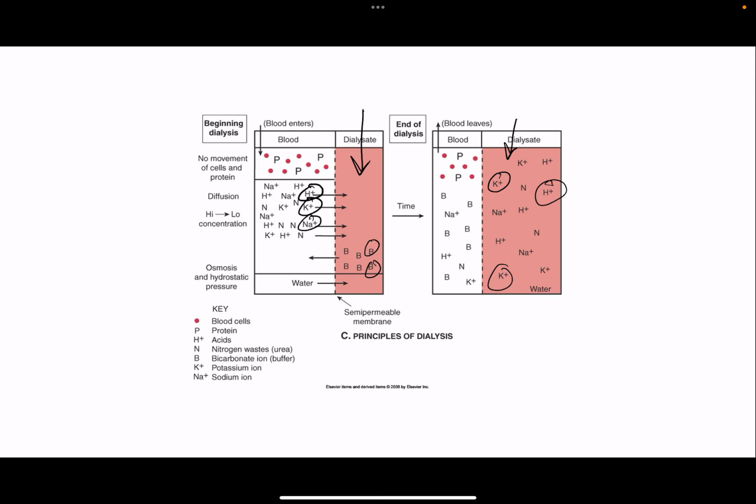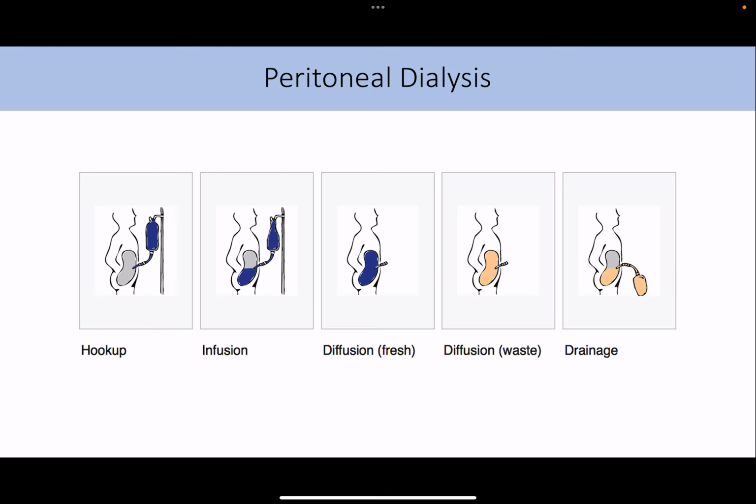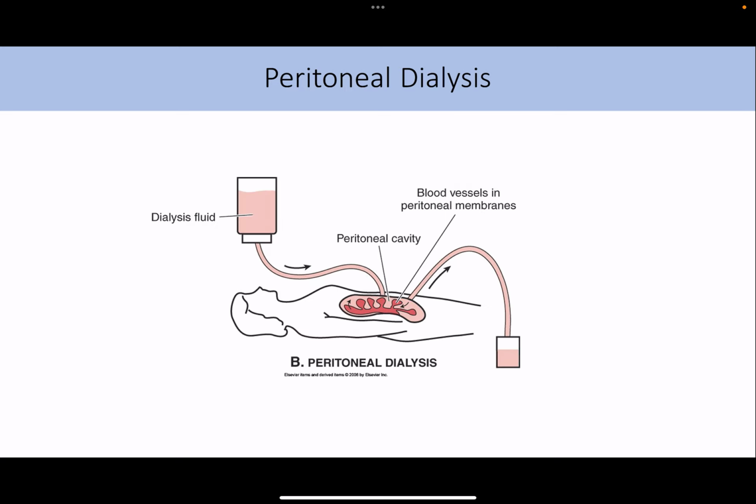Another way besides this, which you would do at a clinic, is that if you have enough support at home and go through the proper training, you could do peritoneal dialysis at home. They hook you up to an infusion, and it's usually done overnight. They infuse you with a buffer that saturates all your organs.